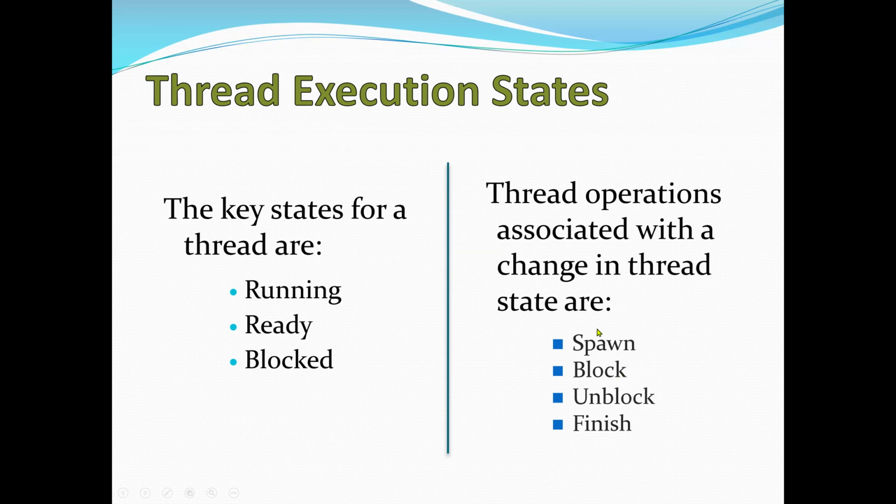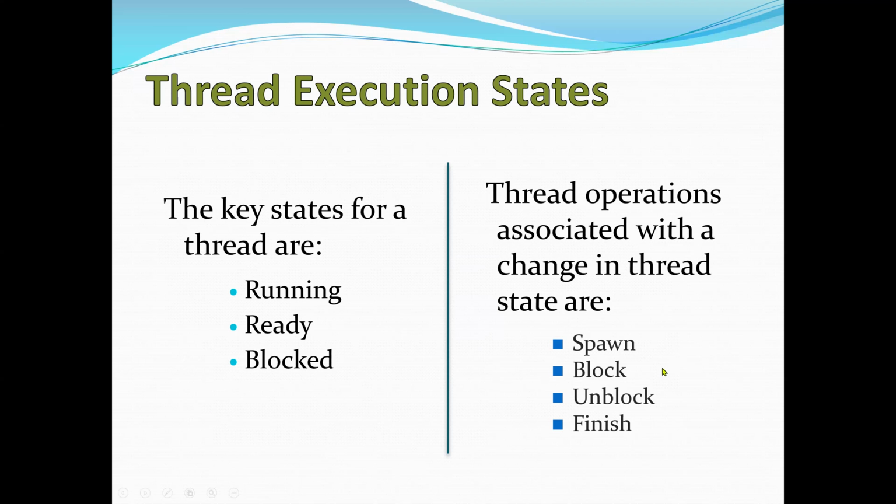Typically, when a new process is spawned, a thread for that process is also spawned. Subsequently, a thread within a process may spawn another thread within the same process, providing an instruction pointer and arguments for the new thread. The new thread is provided with its own register context and stack space and placed on the ready queue.